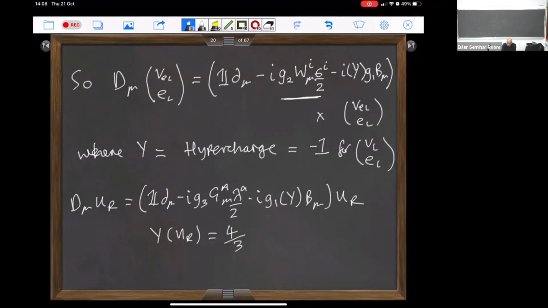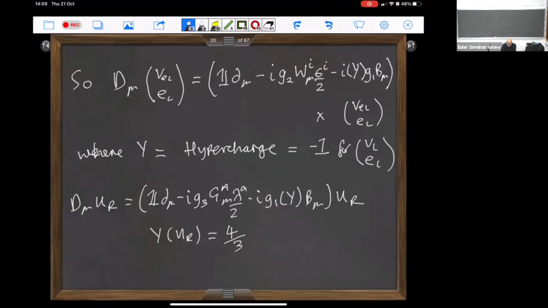And then we have the minus i g1 B mu term, which we then have to multiply by the actual hypercharge of the lepton doublet. And the hypercharge of the lepton doublet is -1. So if we set y equals -1, then this term would actually be plus i times g1 times B mu. I just wanted to emphasize that.